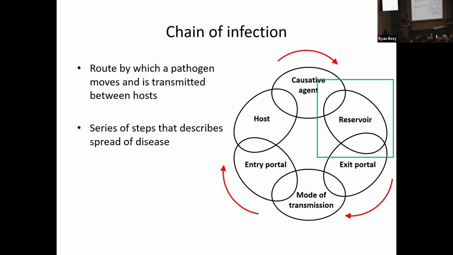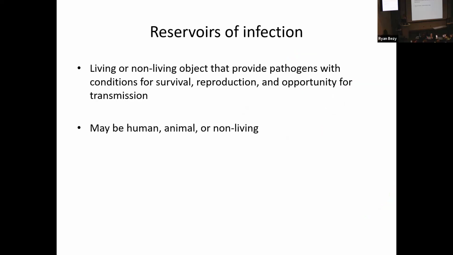So we're going to start off at reservoirs. I'm going to talk a little bit more specifically about what reservoirs are and how they function in the spread of disease. I already defined this a little bit, but an alternative definition: a reservoir is some type of living or non-living object that provides a pathogen with conditions for survival, for reproduction, and opportunity for transmission into a host.